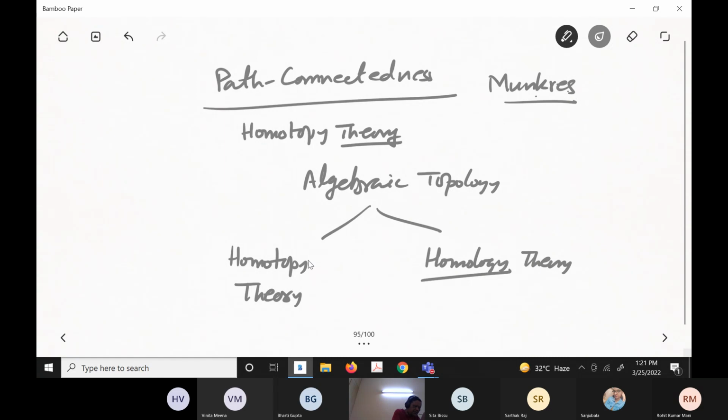But look, basically it is the same thing. Here this path connectedness is related to homotopy theory. So if you are interested in algebraic topology, you should read path connectedness carefully, and then from Munkres and Willard you should read. That is the basic thing. Now in homotopy theory, you use more topology, less algebra. In homology theory, basically the same problems you deal with, but you use more algebra, less topology. This is also called homological algebra.